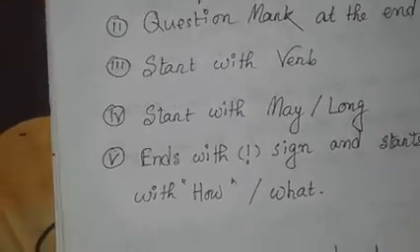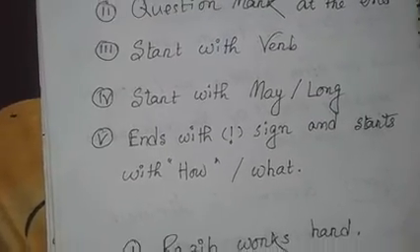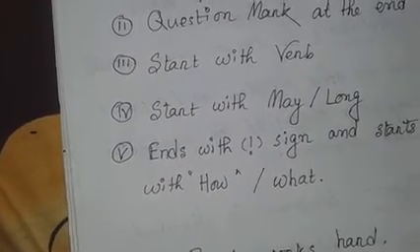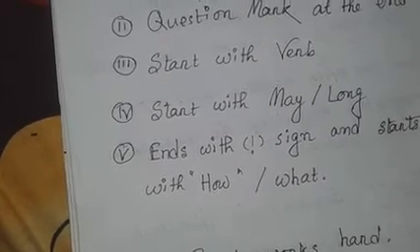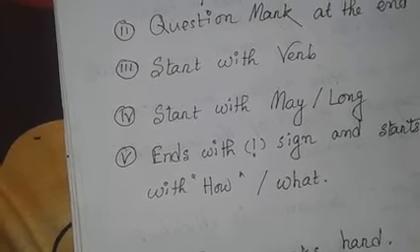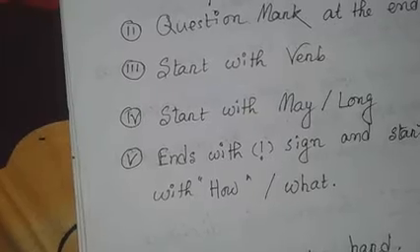If the sentence starts with always, never, or please, the verb will come after it. If any subject comes after please, never, or always, the sentence will not be an imperative sentence.